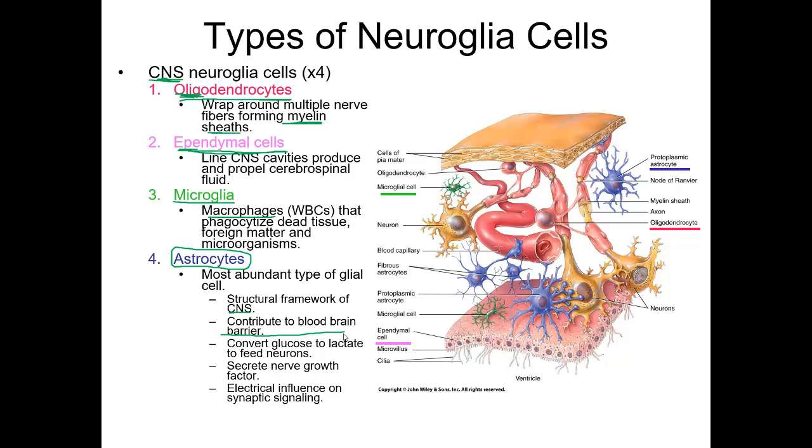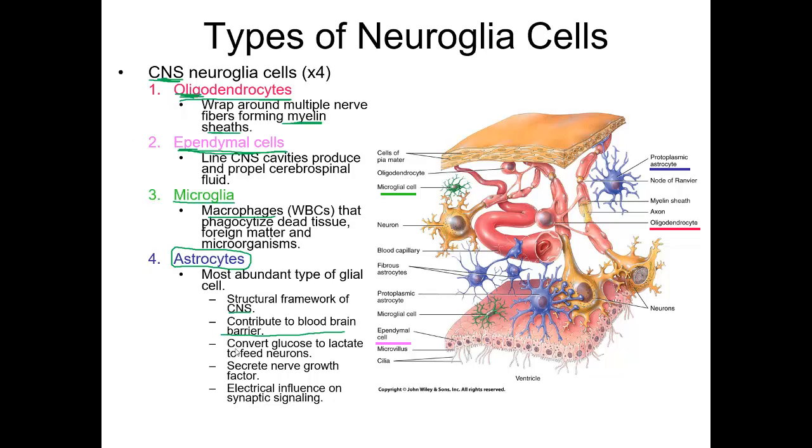They form the blood-brain barrier by forming tight junctions between the neurons. If you recall back to the tissues chapter and the cell junctions, they form tight junctions by forming the cadherin zipper. They also convert glucose to lactate.